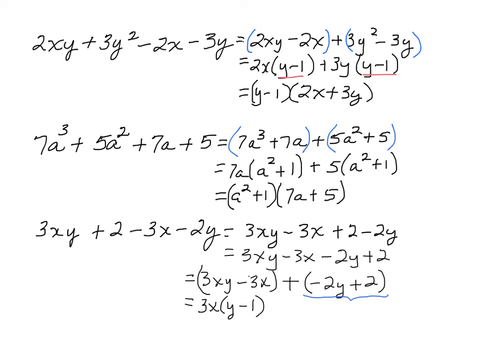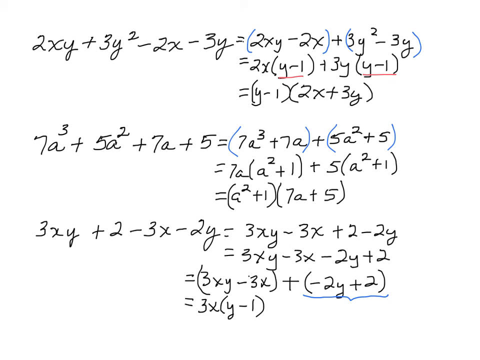If I factor out a 2 from here, that gives me a negative y, and from here a positive 1, because the signs are negative for 2y and positive for 2. I don't want a negative y and a positive 1. I want a positive y and a negative 1.